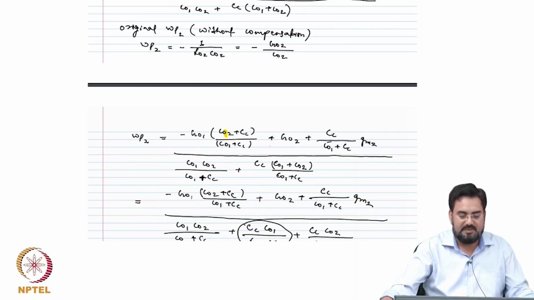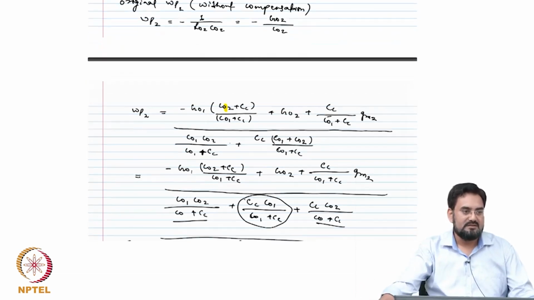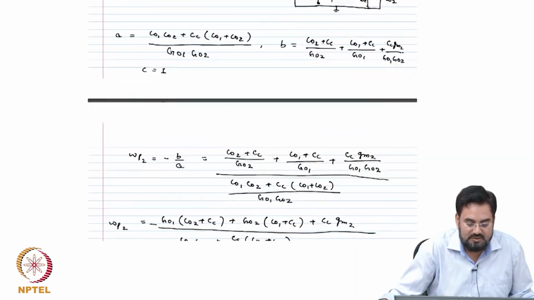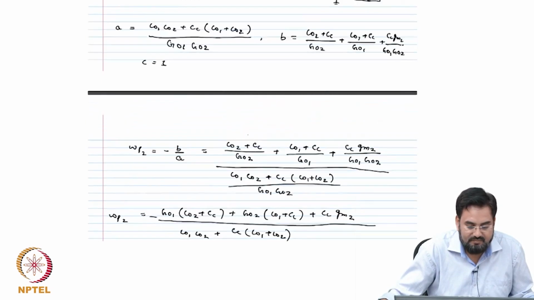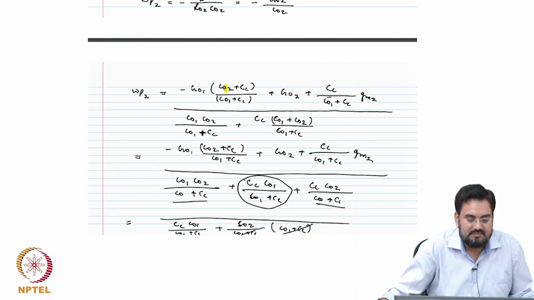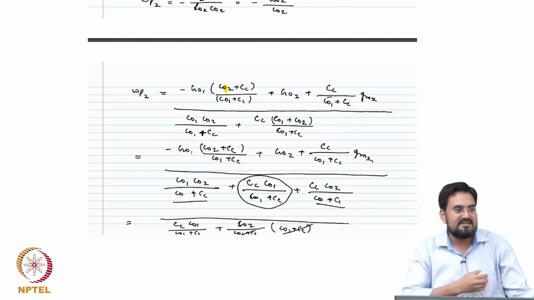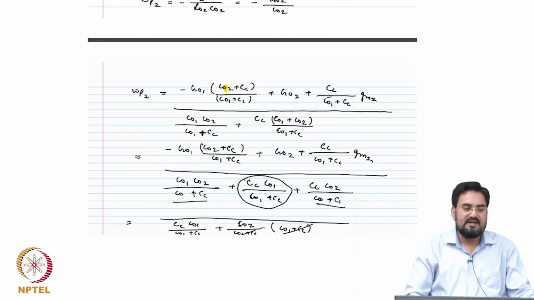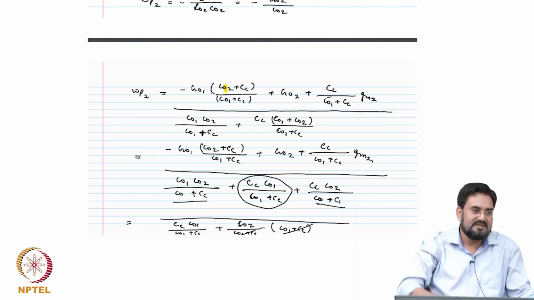So I am only considering this part, but in reality you will get all these terms. With the approximation, if you take only this and this term, and even if you feed in all those values, you will see there won't be much difference, because these are non-dominant terms. Okay. So not only GO2, you get this third term also. The GO1, basically the previous stage impedance, will come into effect, because that is coupled through CC.